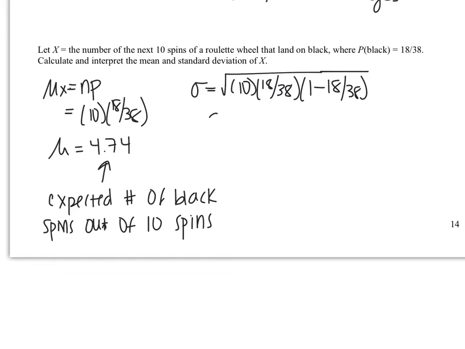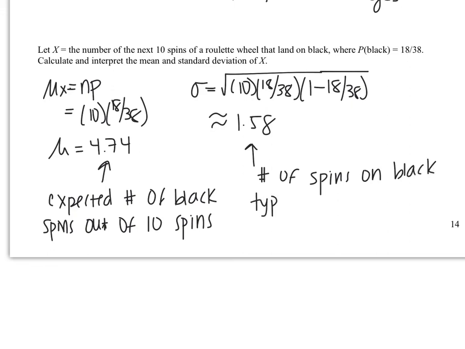If I calculate this, it ends up being about 1.58. So what does this mean? This means that the number of spins that land on black will typically vary by 1.58 spins from the mean.